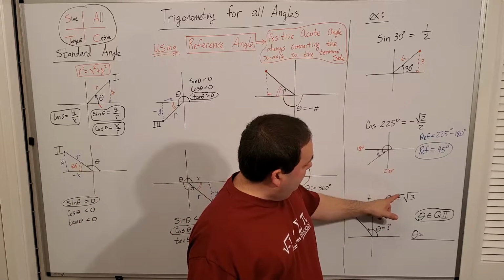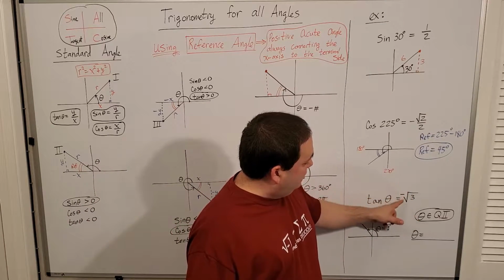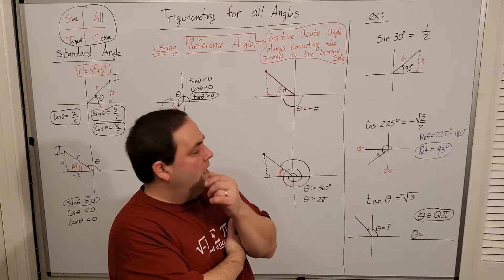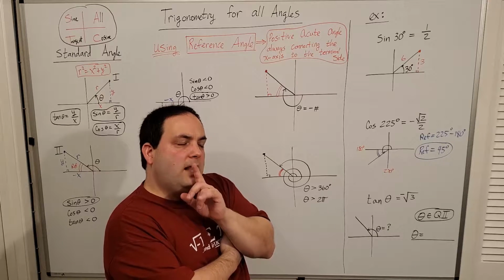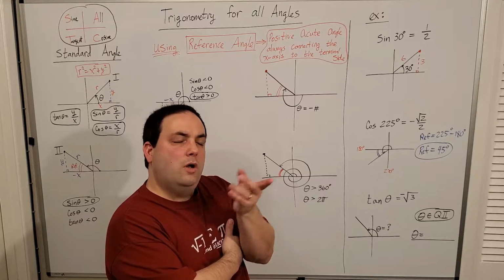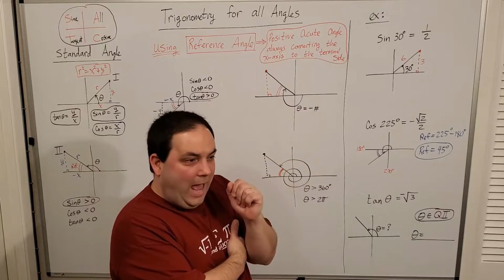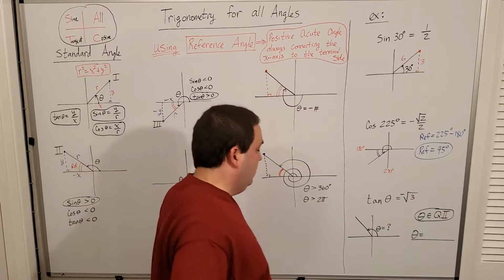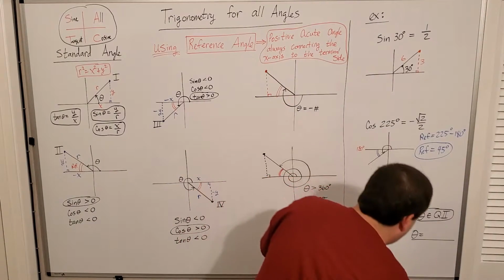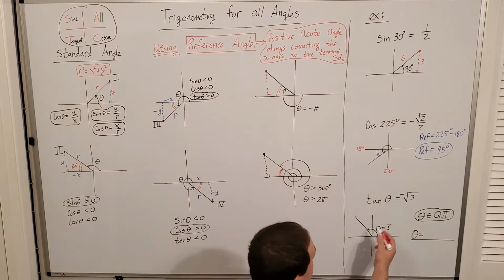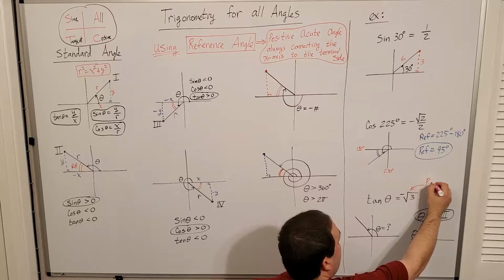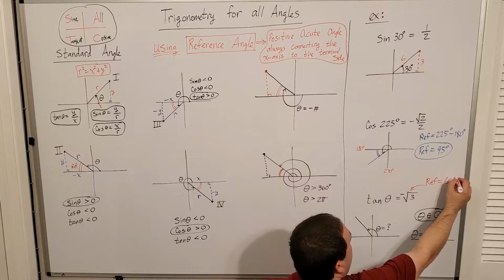Tangent theta is negative, and then the square root of 3. So I need to think to myself, I know of an angle that has a tangent ratio of square root of 3. That happens to be 60 degrees. Okay? So in the back of your mind or on your paper, because of this square root of 3, you should be saying, hey, my reference angle should be 60 degrees.